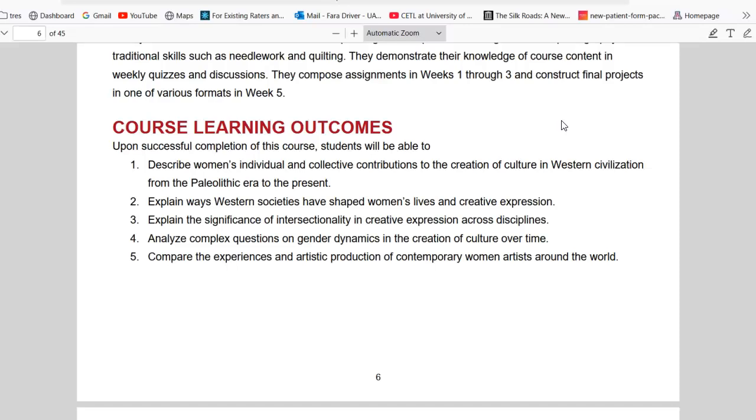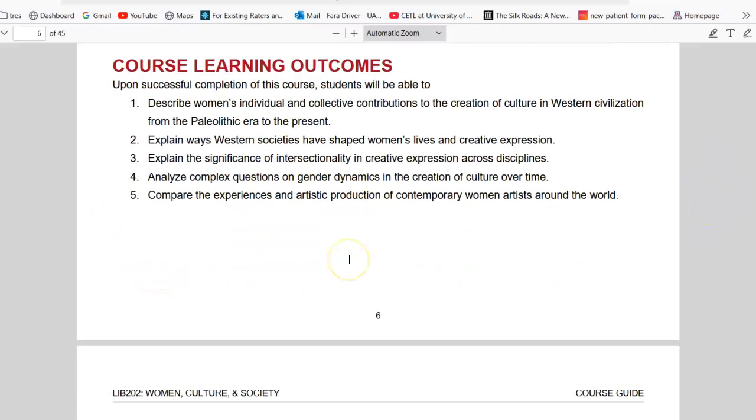And every week, the assignments that you have, from the discussions to the quizzes to the papers and assignments themselves, are all designed to address at least one or more of these course learning outcomes. All right, so that's what we mean when we talk about CLO 1, 2, 3, 4, and 5. These are all the things that we, by the end of the course, want you to be able to do.